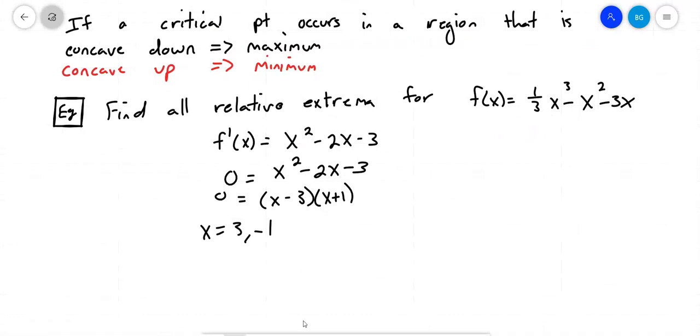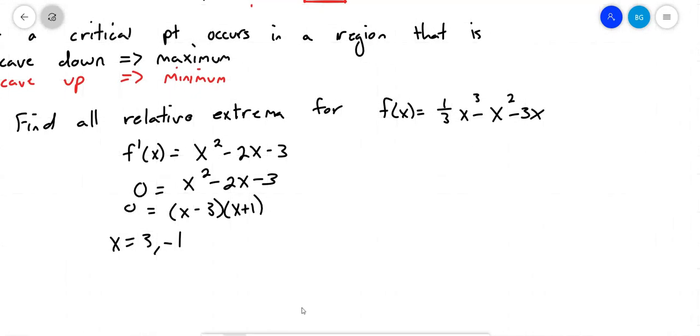The question is, are those critical points minimums, maximums, or perhaps neither? In order to answer that question, let's find the second derivative. Since this is a polynomial, the second derivative is pretty trivial to find. We're just going to do the power rule again. We'll get 2x minus 2.